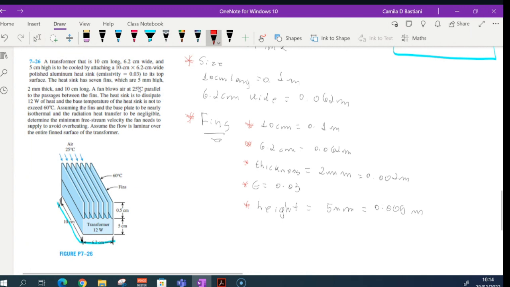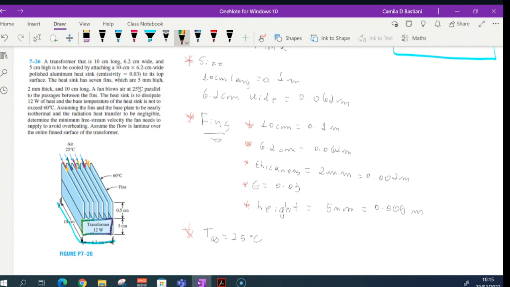So I'm given the temperature of the air. I'm told that I have air blowing through the passages between those fins. So I'm blowing air through those empty spaces here to cool down my transformer. This is my transformer.